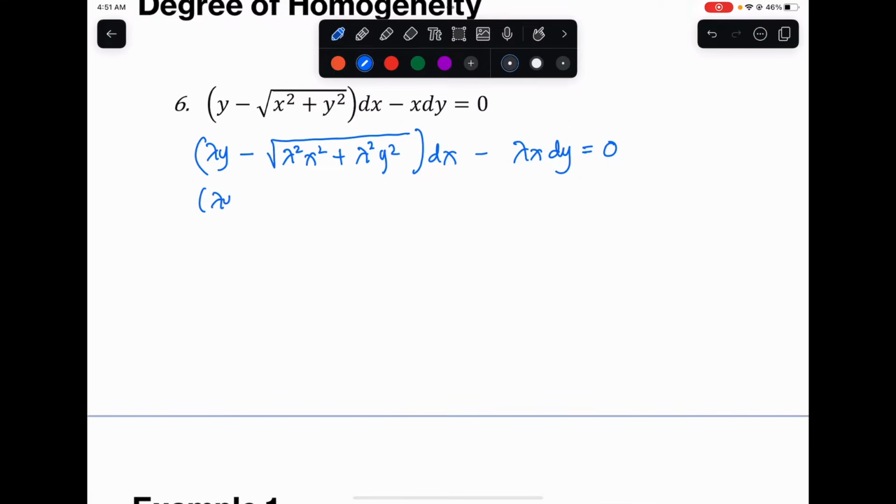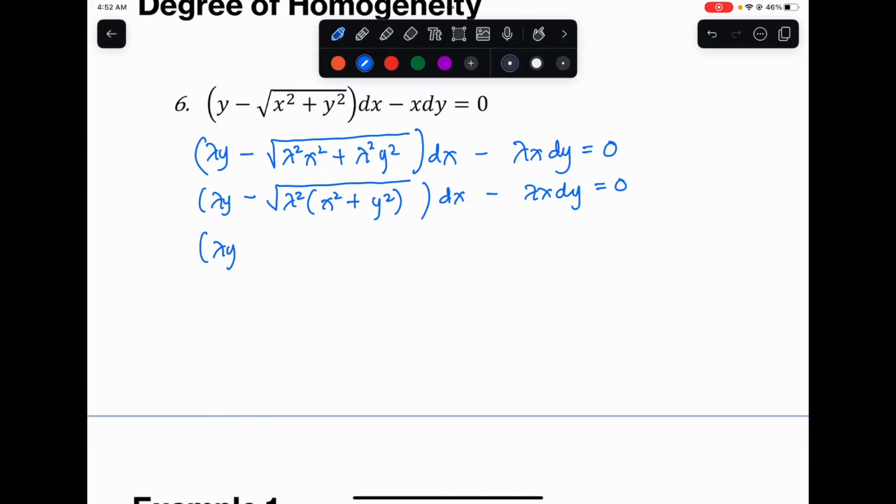So we have lambda y minus, we can factor out lambda squared, then x squared plus y squared dx minus lambda x dy is equal to 0. But then the square root of lambda squared is lambda, and we retain the square root of x squared plus y squared dx minus lambda x dy is equal to 0.